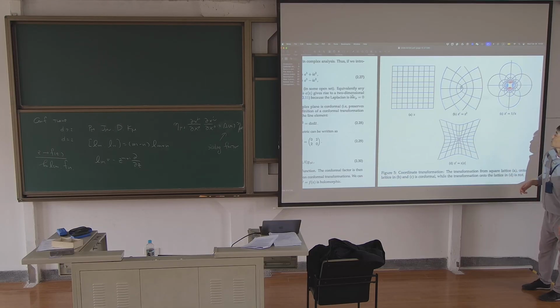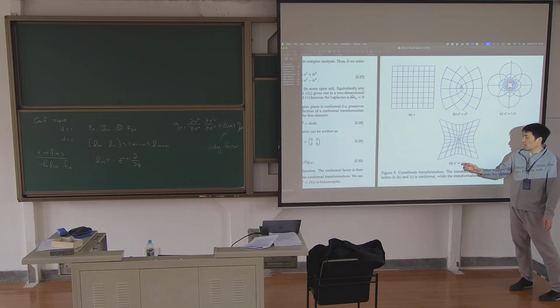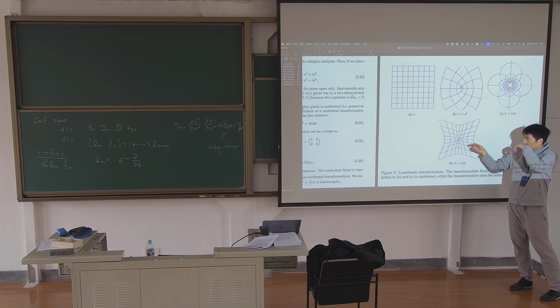On the other hand, here z times the absolute value of z, so z bar, and take a square root. In this case it's not a holomorphic transformation. The z bar includes the anti-holomorphic transformation.